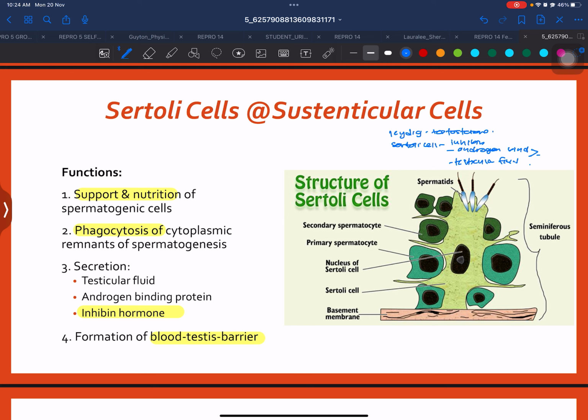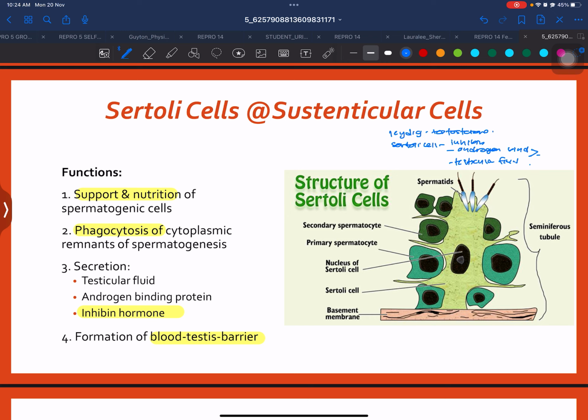And it also has the function of the blood testis barrier. You can see here, these are the Sertoli cells, sitting on the basement membrane. These Sertoli cells make up the blood testis barrier.